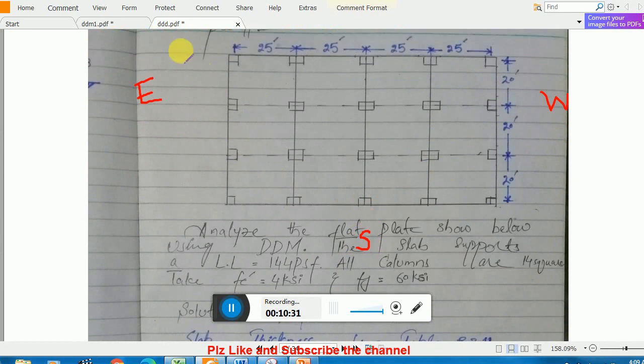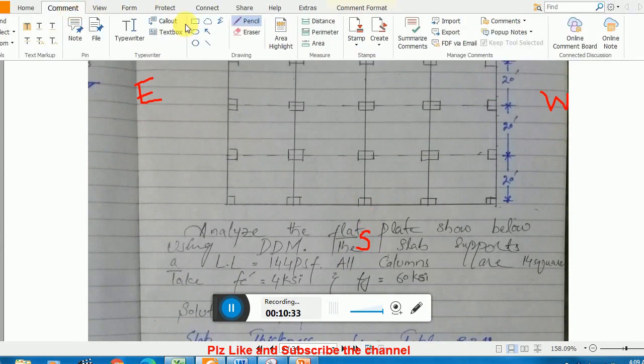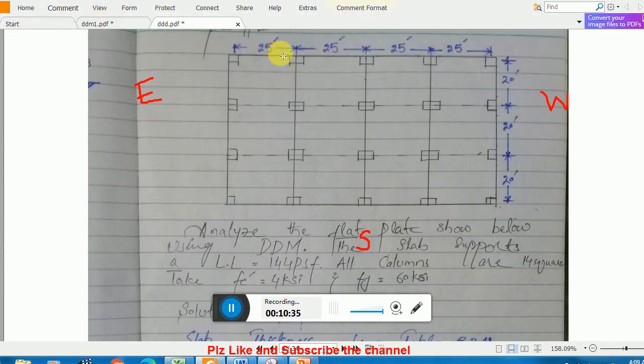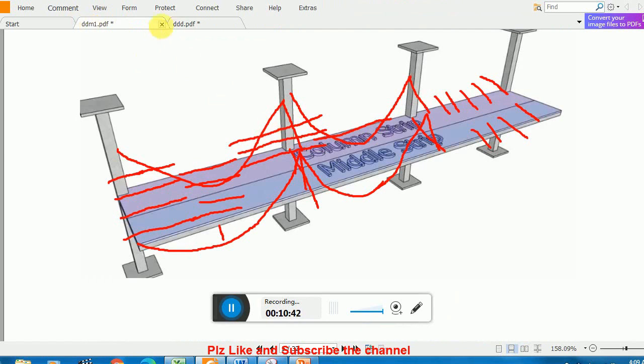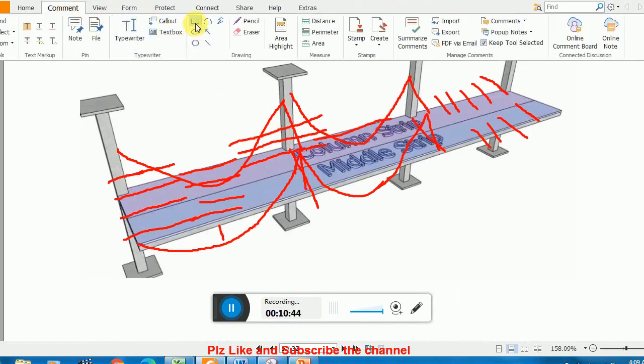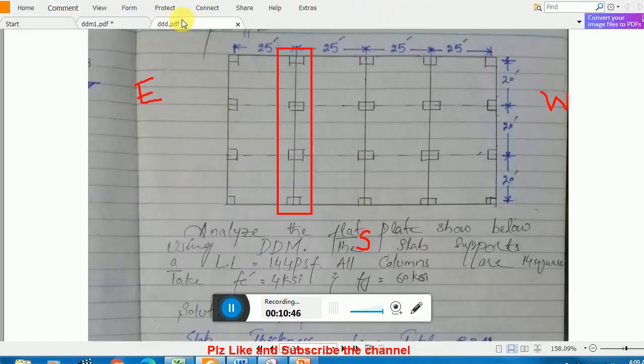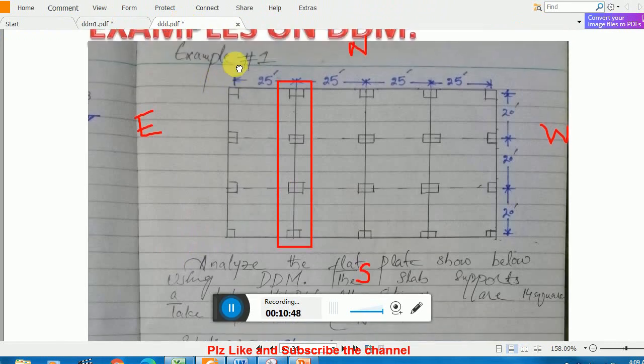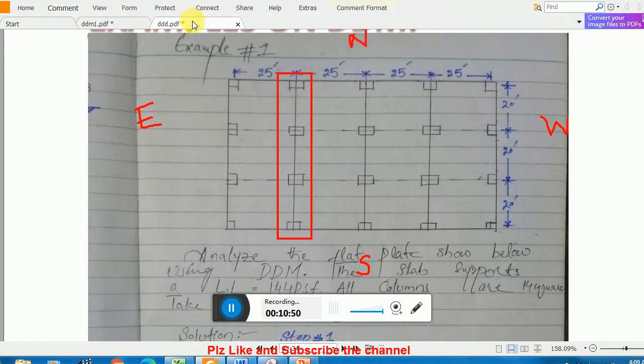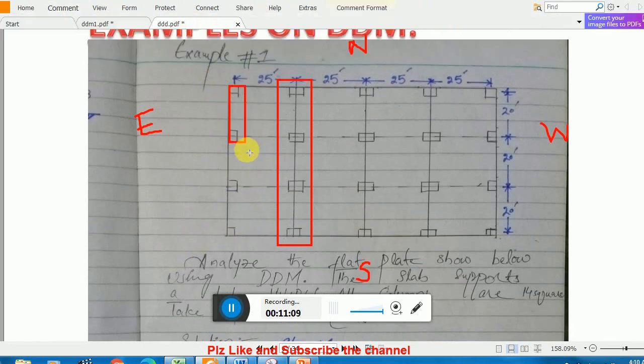So we have to choose this interior frame. We did the analysis for this interior frame, and then we need to select the exterior frame, and the exterior frame will be, let's say, this one, the edge. Remember, you don't need to be confused. So this one will be the exterior frame and this will be the interior frame.